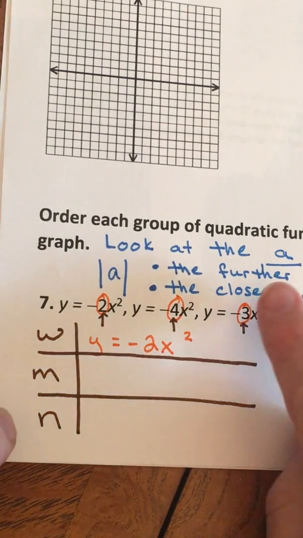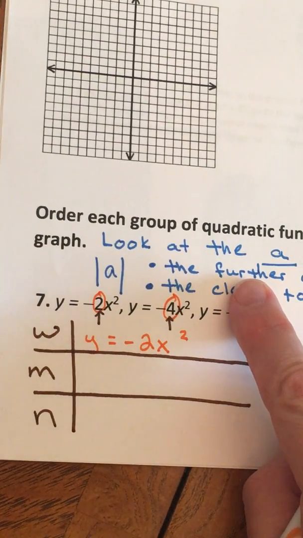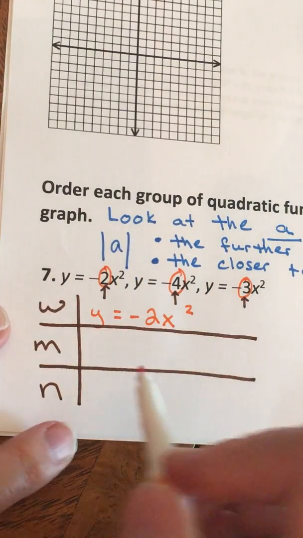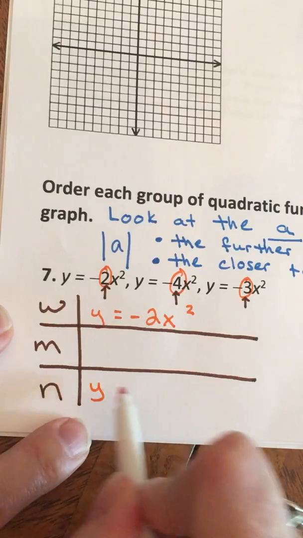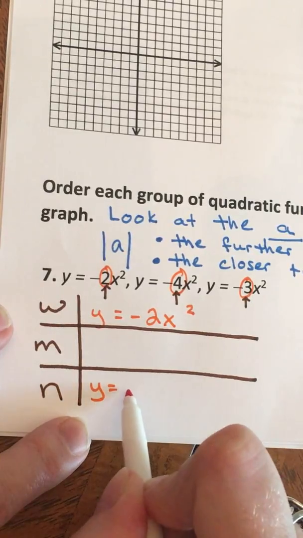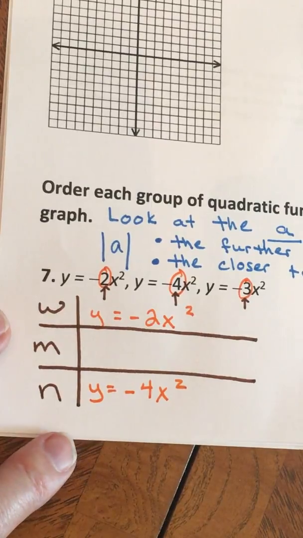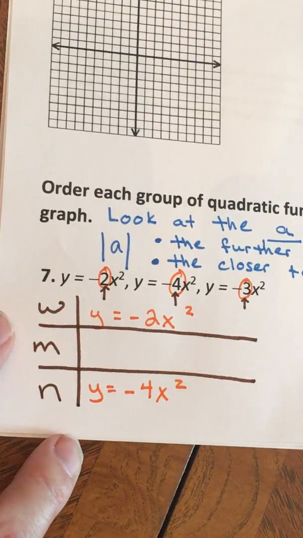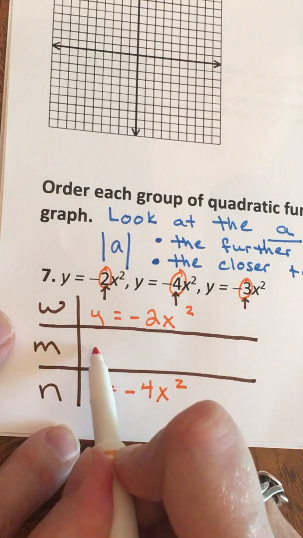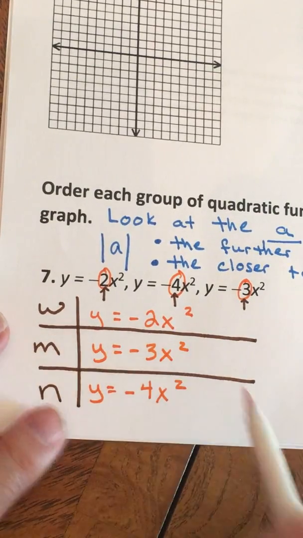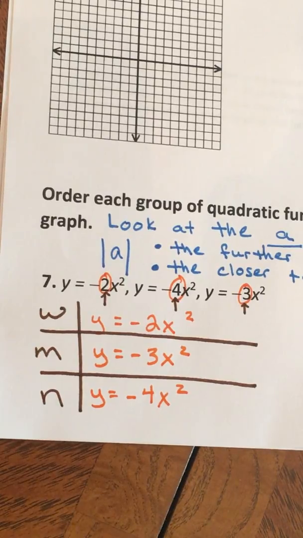Which number is the furthest away from 0? The 4. It is the largest. So the most narrow will be y equals negative 4x squared. That only leaves us with one other option for what's in the middle. So that gives us y equals negative 3x squared for what goes in the middle.